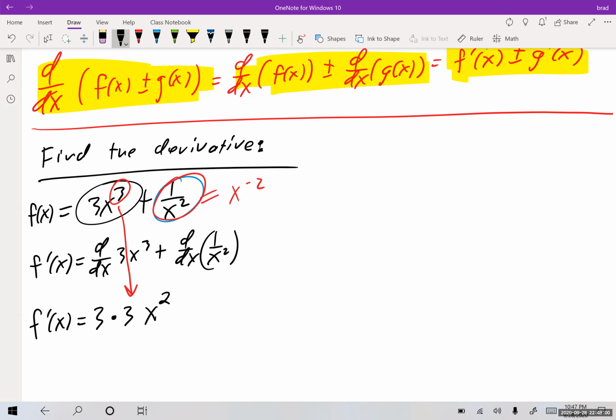So when I do a derivative on x to the -2, that's going to be take the power, put it in front, so -2, rewrite x, reduce the power by 1, -3. So we end up with 9x squared minus 2x to the -3. So this is the correct answer, and we don't have to simplify it. We don't have to clean it up unless they specifically ask us to. Okay, let's find another one.